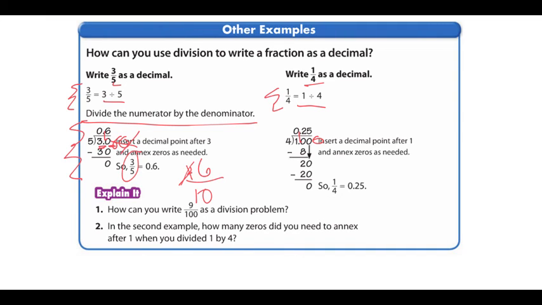This one they got 25/100, which is equivalent to 1/4 if you were to divide by 25/25. So that's how we write a fraction as a decimal when the denominator is not 10 or 100.